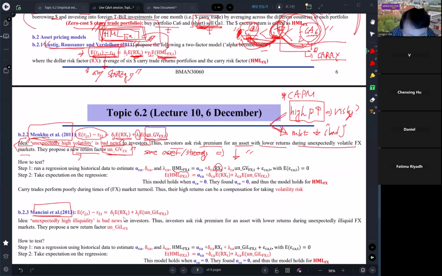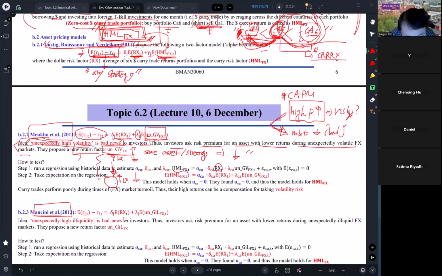I talked about the factor mimicking portfolio in the lectures, which means whenever there is an increase in FX volatility, let's say we have a group of assets moving in exactly the same direction. If there's a 1% increase in FX volatility, let's say a group of assets gives you a 1% increase in return. When there's a 1% decrease in the global volatility, let's say this asset gives you 1% lower returns.